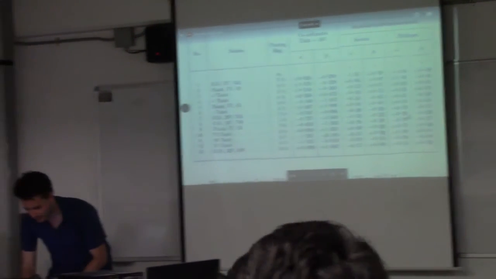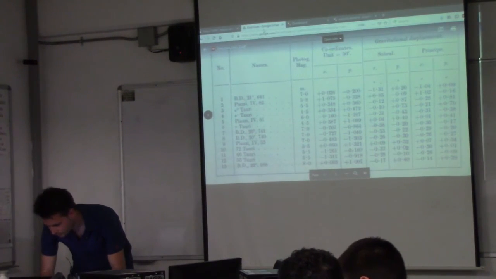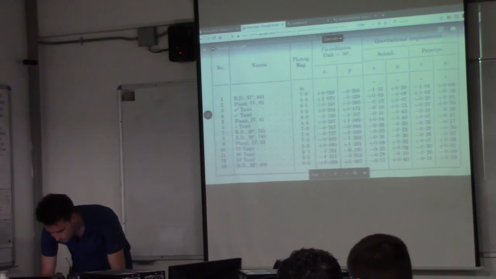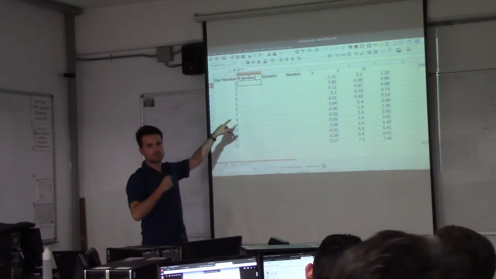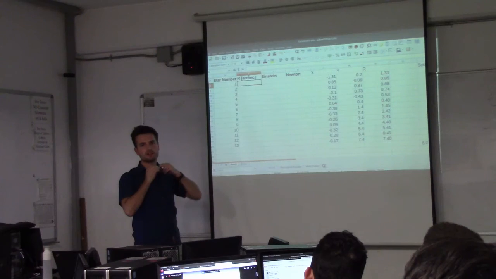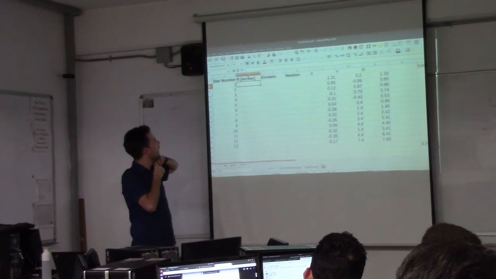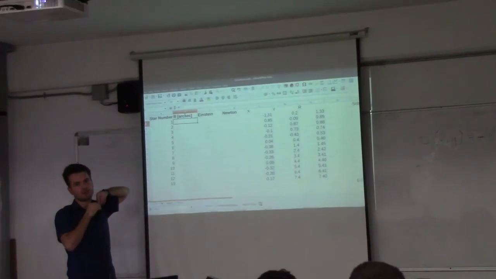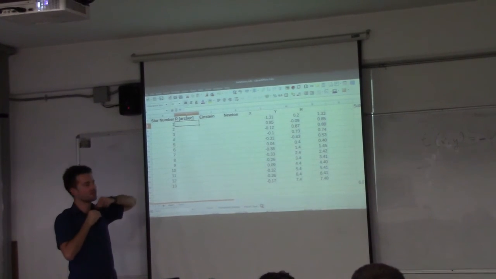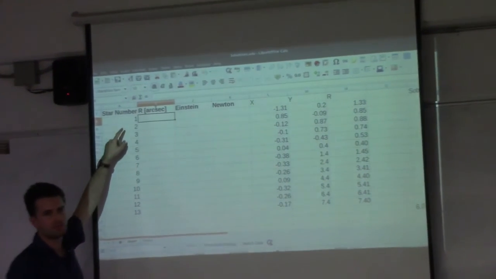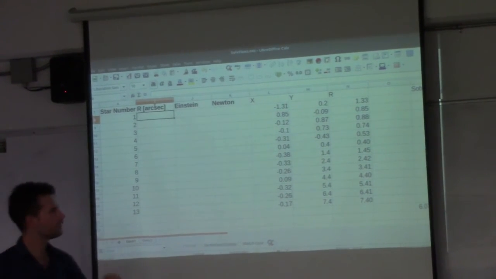So what I can do, I can bring up a table. I'm not sure if you can see the table decently clearly. I didn't put in the names of the stars, but I just went from the top of the table and numbered them 1 to 13.